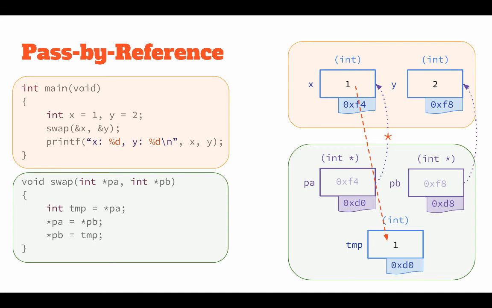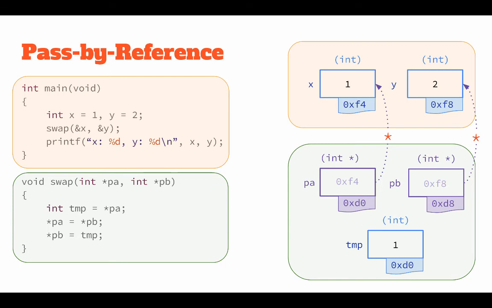The next line, we say the value of PA equals the value of PB. Our first step then is to find PB, follow that, so dereference it using the star, follow it through, find its value, which is 2. Then we want to find PA, figure out what it's pointing to, which is x essentially, which is 1.